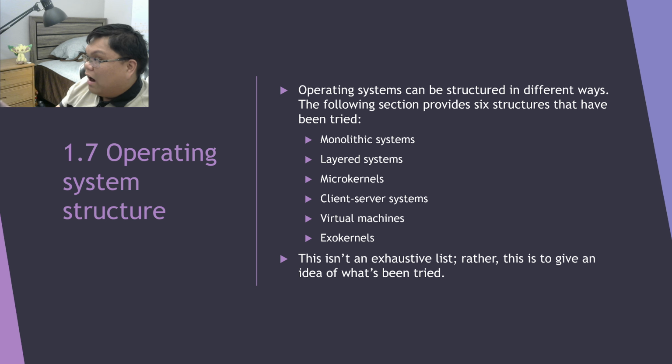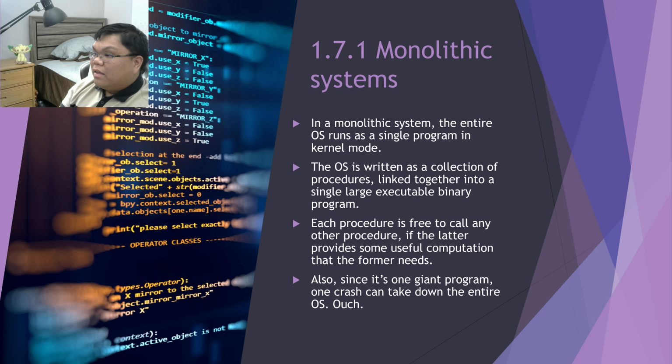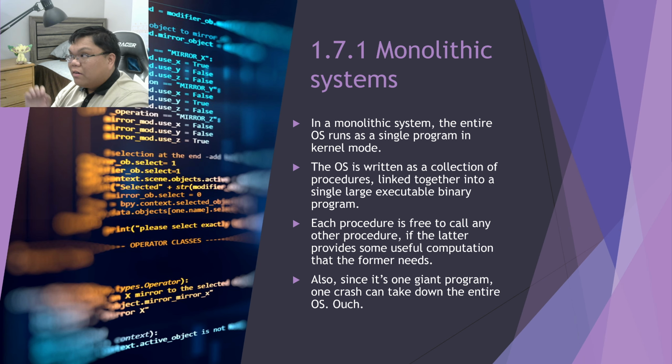And those are monolithic systems, layered systems, microkernels, client-server systems, virtual machines, and exokernels. So it's not an exhaustive list either. This is just to give an idea of all the structures that have been tried in the past. And we're going to begin with the monolithic system. Here, the entire operating system runs as a giant program in kernel mode.